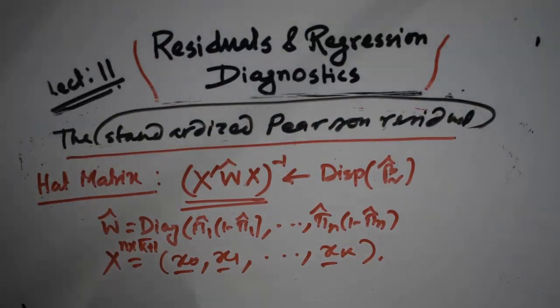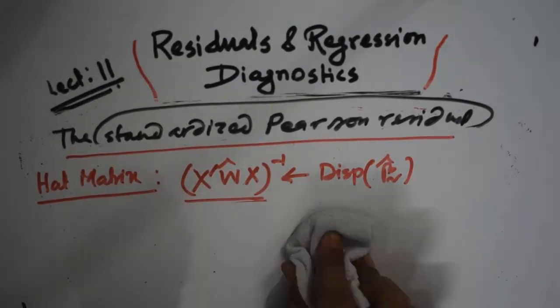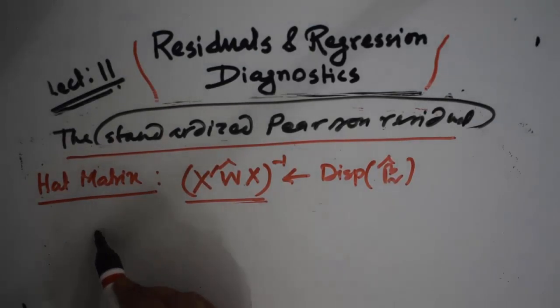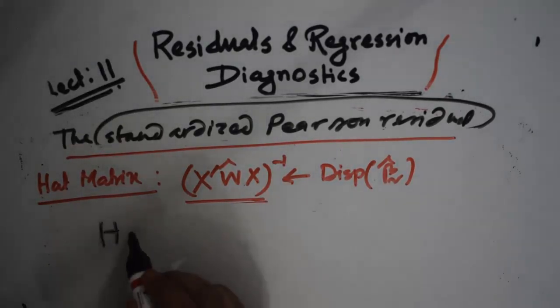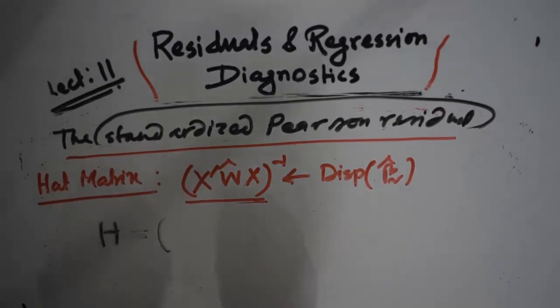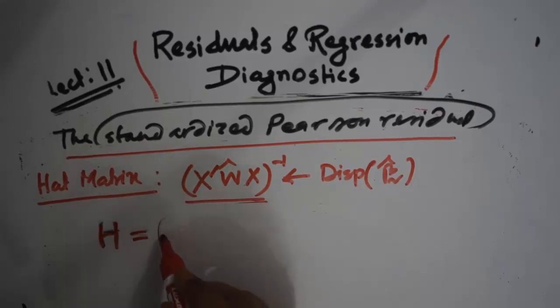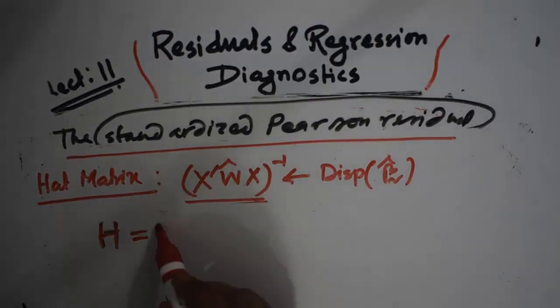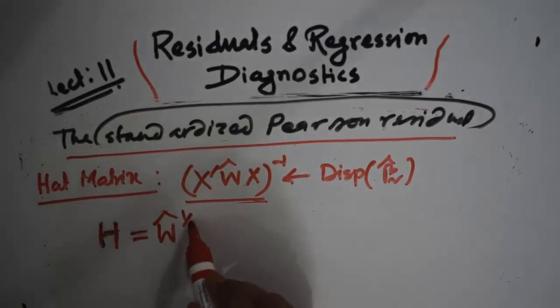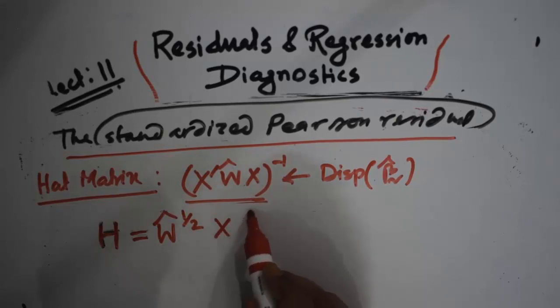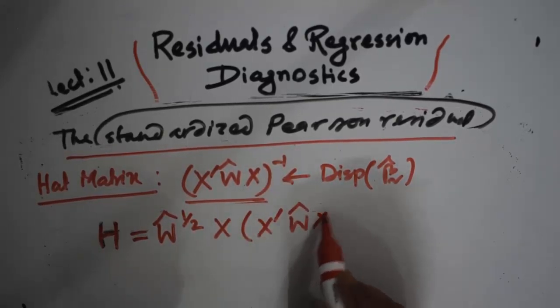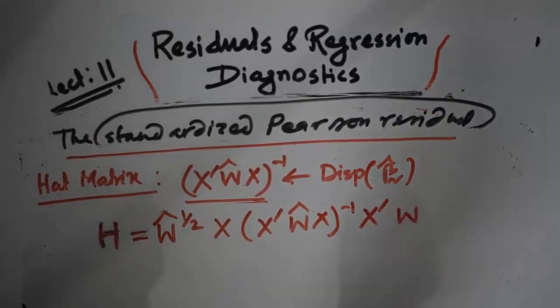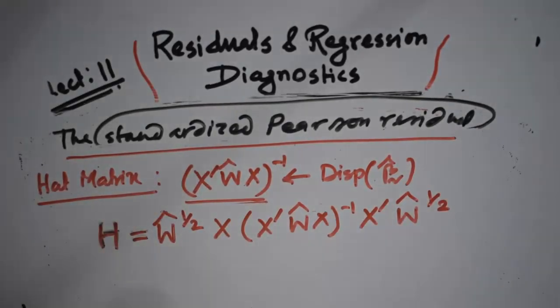So here the hat matrix, denoted by capital H, is equal to W hat to the power half X (X prime W hat X) inverse X prime W hat to the power half.